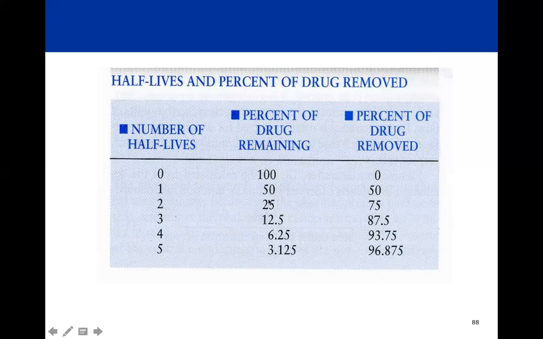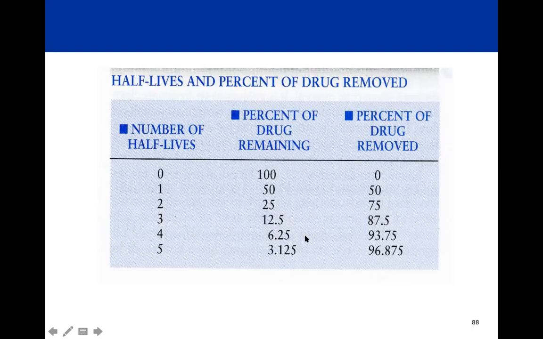After 2 half-lives, 25%, which is half the 50%, and the removed becomes 75%. And after 3 half-lives, there will be 12.5%, which is half the 25%.